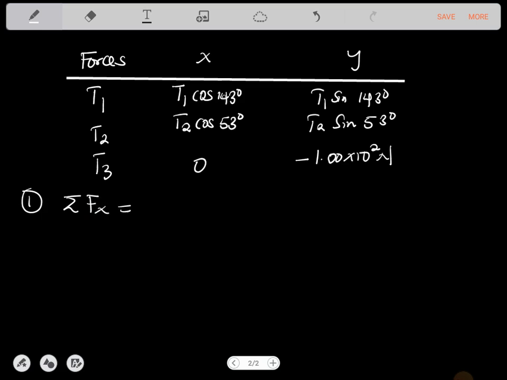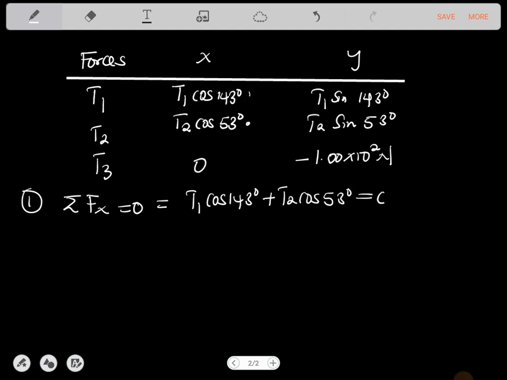So what we have is this and this plus 0. Now remember that the sum of forces should always give us what? 0. The resultant force should always be 0. So we have T1 cos 143 plus T2 cos 53.